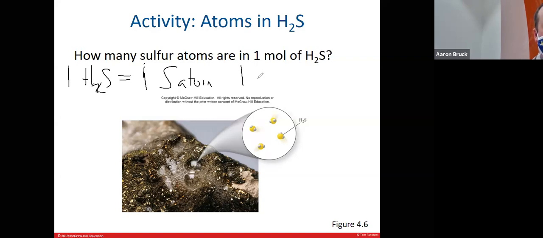1 mole of sulfur would contain Avogadro's number of atoms.